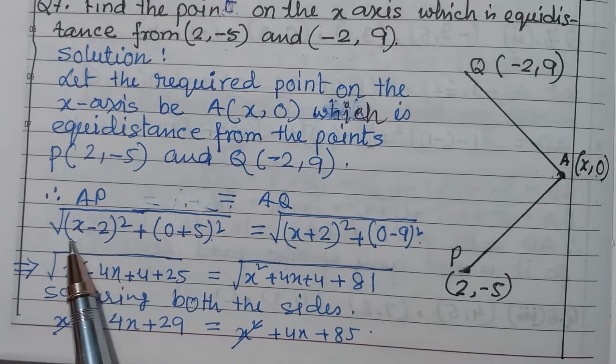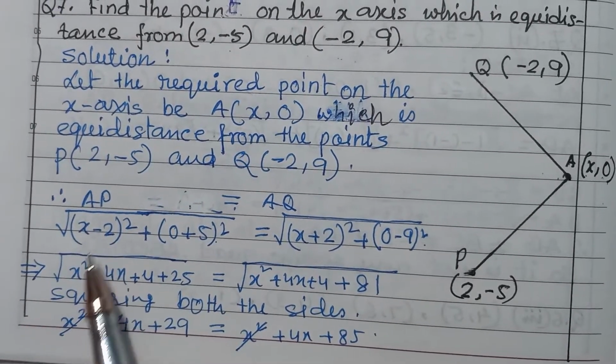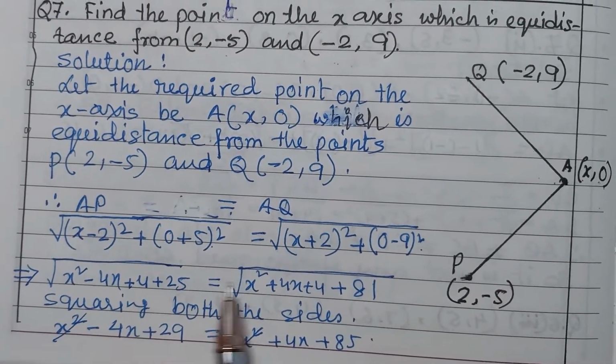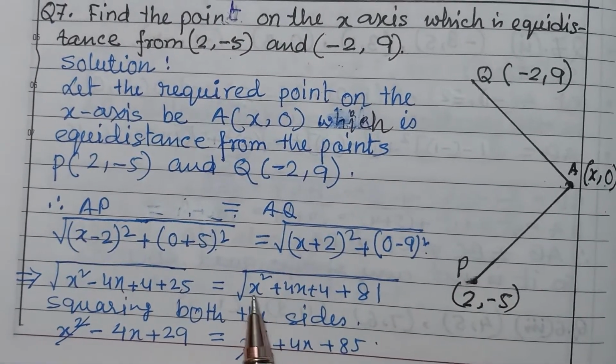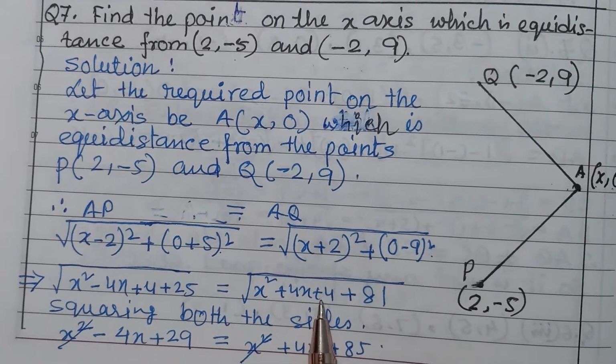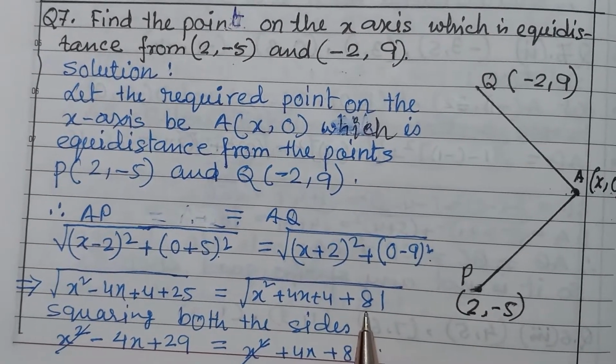Now break it using the identity: x square minus 4x plus 4 plus 25, and similarly x square plus 4x plus 4 plus 81.